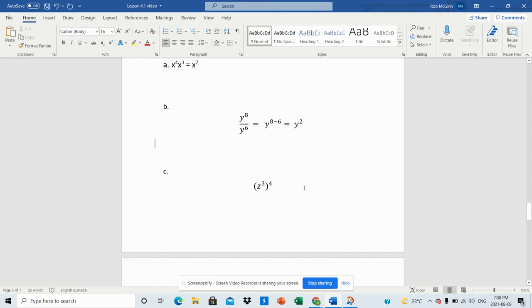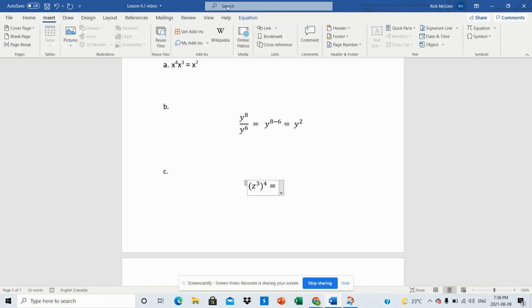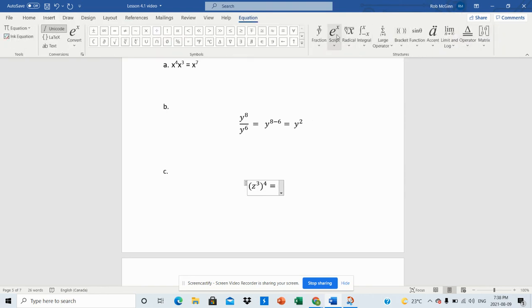A final one here, and this is the power rule. So remember in the power rule, if we've got an exponent raised to another exponent, we're going to end up multiplying those exponents.